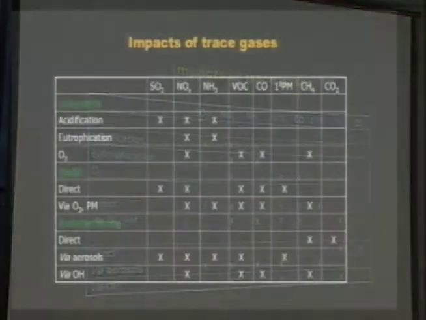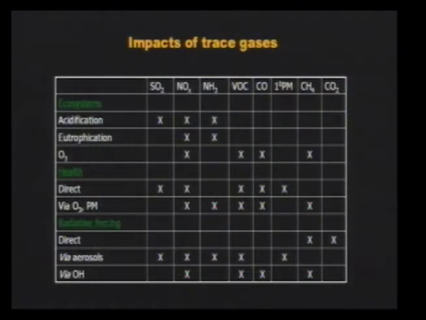Now, trace gases do not only affect radiative forcing. You see here a number of compounds, CO2, methane and others; the major greenhouse gases are there. They lead to a direct effect, but you can have indirect effects also.